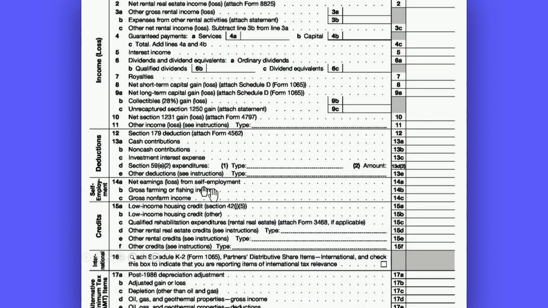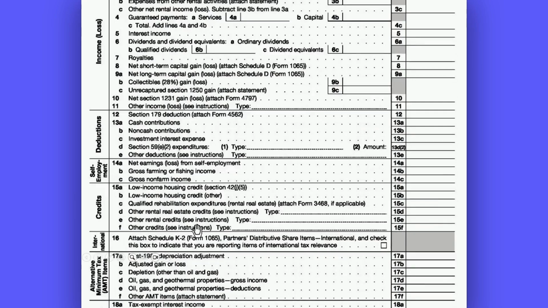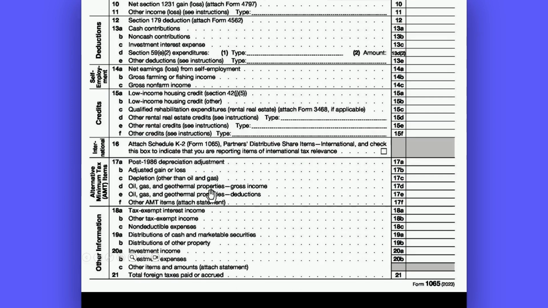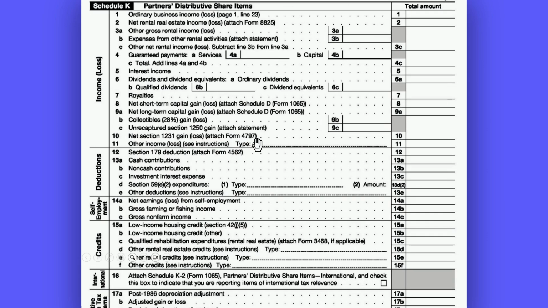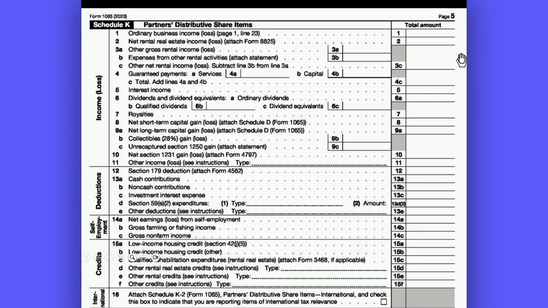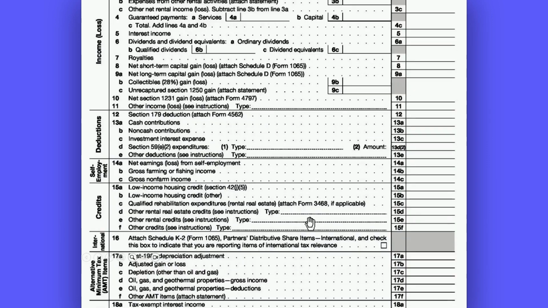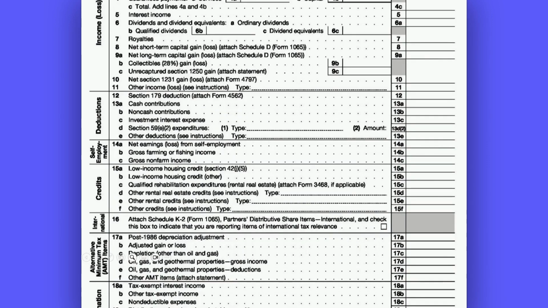And you can see all of the other items that are listed here on Schedule K. Some of these items you're going to rarely see, but they're here just in case. So they have to have them on the form for those rare cases where they might come up. But for most of the time, when you see a Schedule K, there will be a few lines that are filled out, but you're rarely going to have all of the lines filled out. And some of these lines you will very rarely see filled out at all.